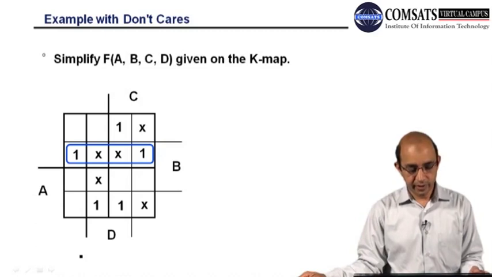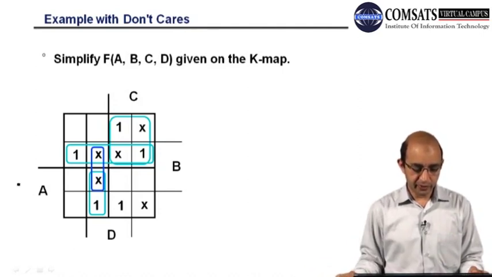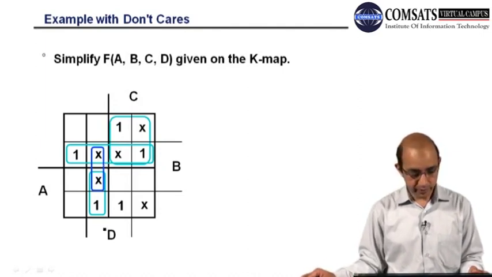Here we have a Boolean expression that includes don't care conditions, right. You can see that we are building different groupings. Here we have a group of 4, and we have grouped those 2 don't cares.